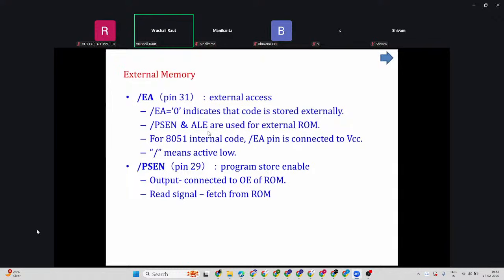You have to give the address in the external memory at which your program is, and take it one by one. So there is address latch enable. It latches the address for some time so that you can fetch from that address. We'll go into detail on this. So keep in mind, we have 3 pins to deal with when we go for external ROM.